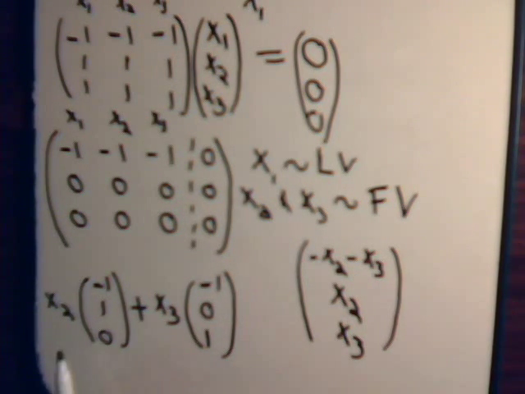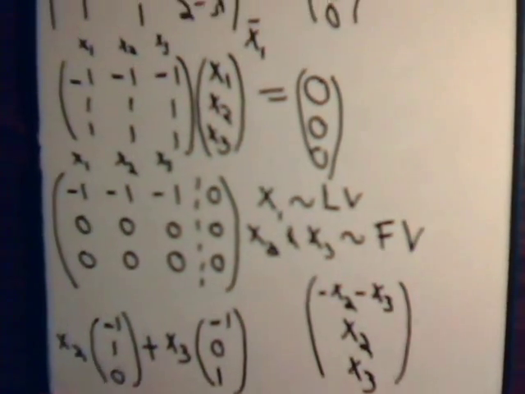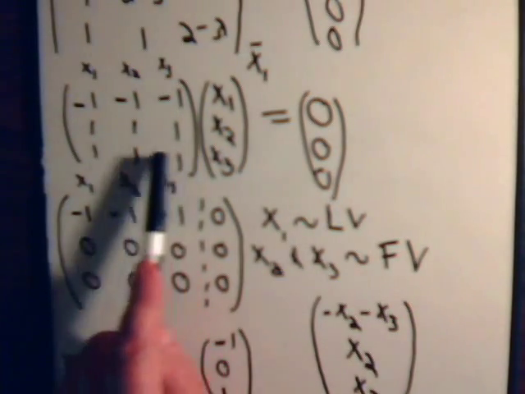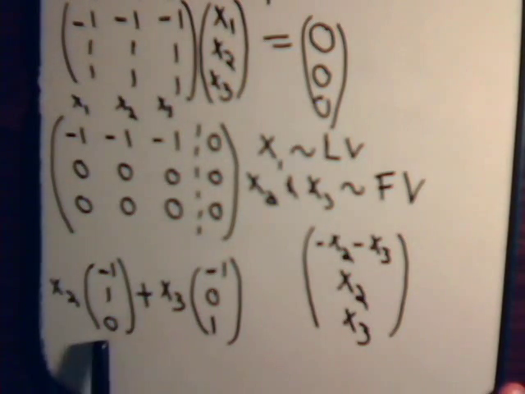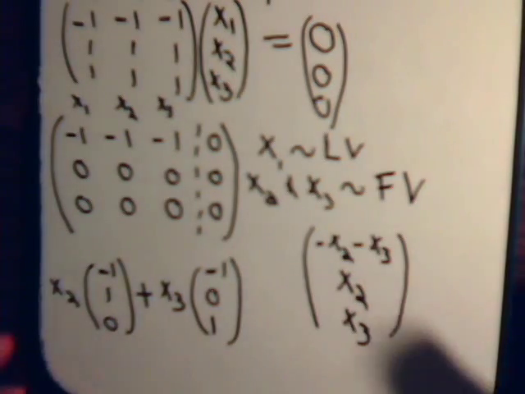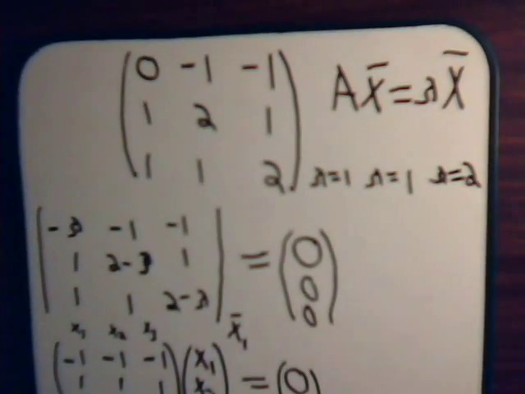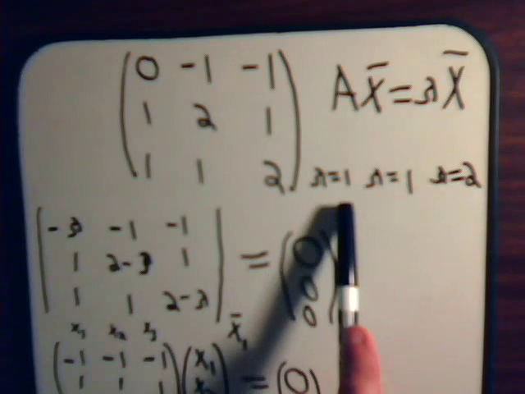So this is equivalent to this expression. x2 and x3 are free variables. They can be anything. And these right here then are the two linearly independent vectors that span the null space of this matrix. But more important to us, these then are the two eigenvectors associated with lambda equals 1.